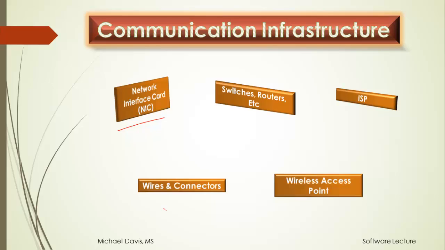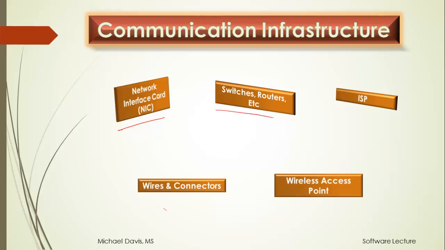Basically, the network interface card connects you to the next device in the network. And usually that next device is a switch or a hub. These are types of devices that allow multiple computers to connect together.